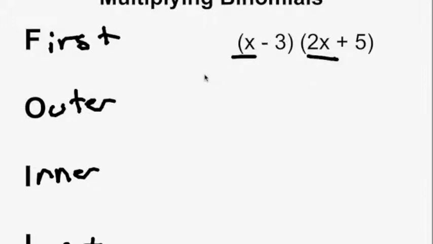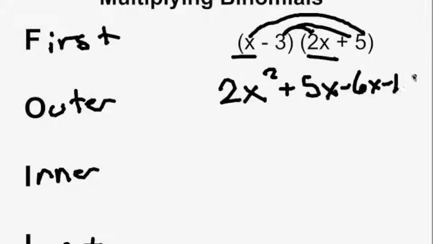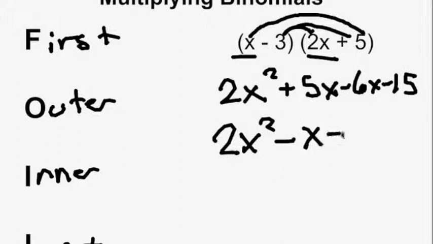So you would get 2x squared. Then you would multiply the outer terms together. So you'd get plus 5x. Then the inner, so minus 6x. And then the last, so plus 15. And that way you get your answer. And this can be simplified to 2x squared minus x minus 15. And that is how you multiply binomials together.